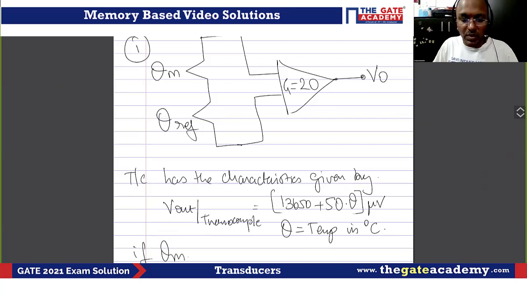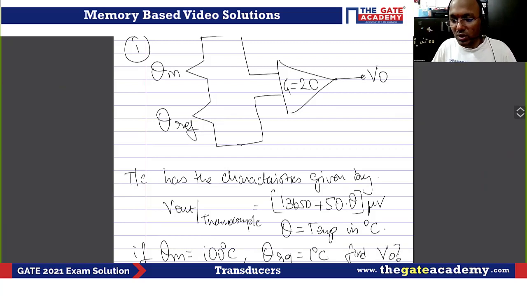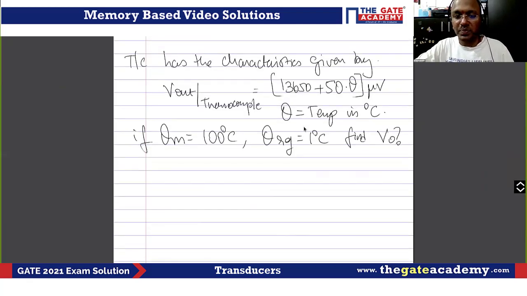If theta m is equal to 100 degree centigrade and theta ref equal to 1 degree centigrade, find V naught. This is the question. So let's get started.